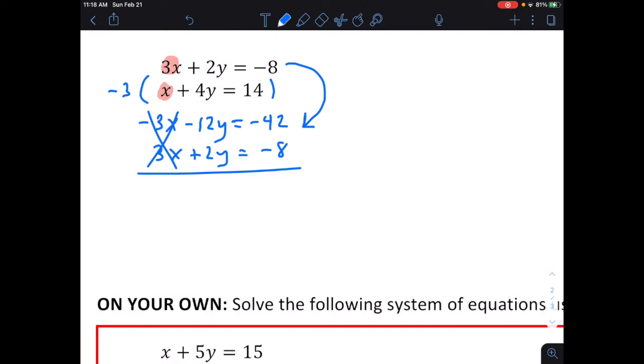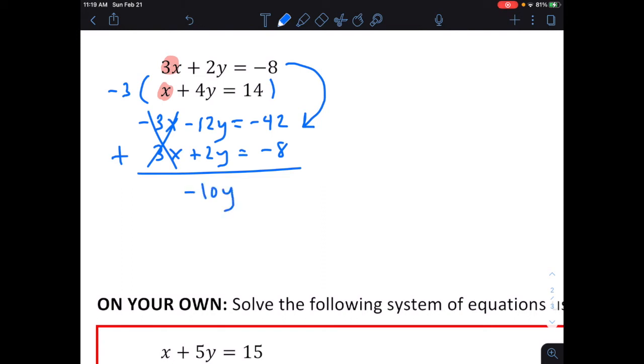Now this is where we get a little tricky because we've got things in a weird order and we're adding them together. So -12y plus 2y. Don't say -14y. Remember, if we add a positive and a negative, the negative is going to get smaller. I mean, that's hard to say smaller because the number is going to look smaller, but it's actually not going to get smaller. But so -12 plus 2 means -10y.